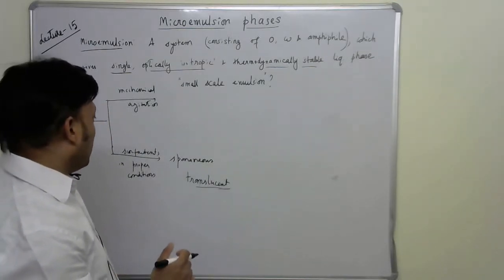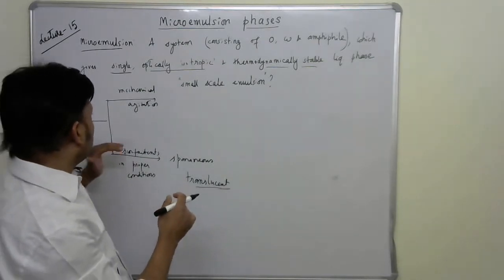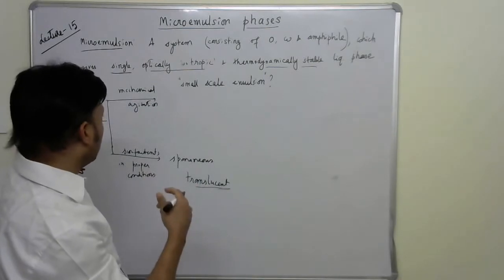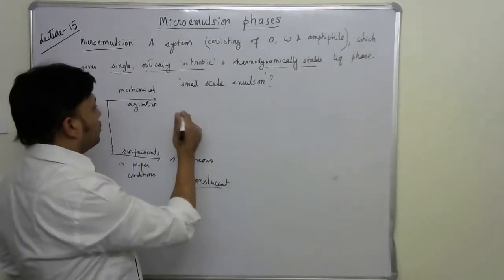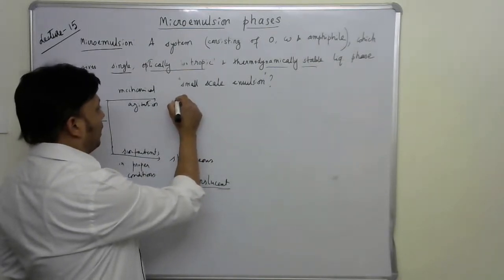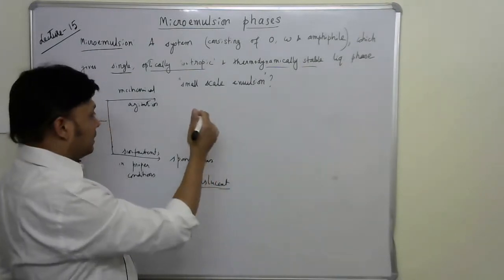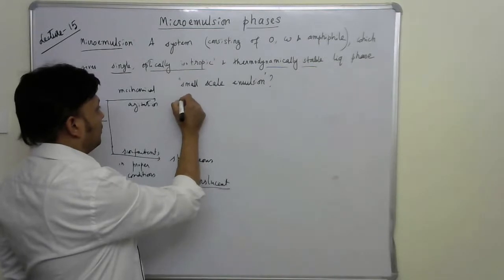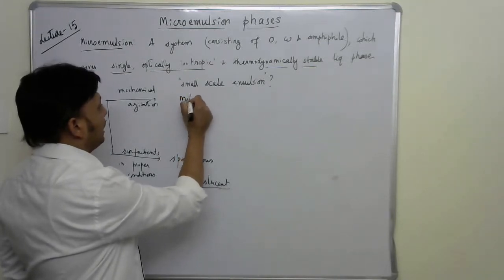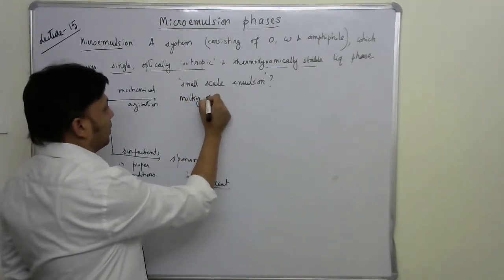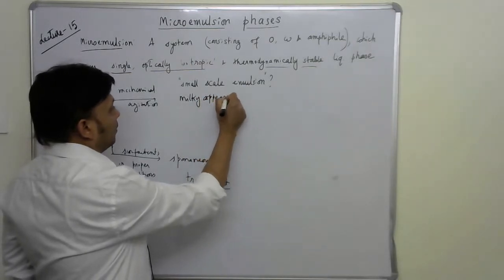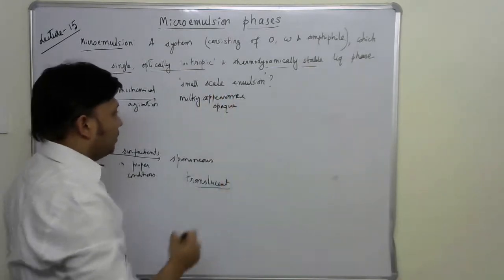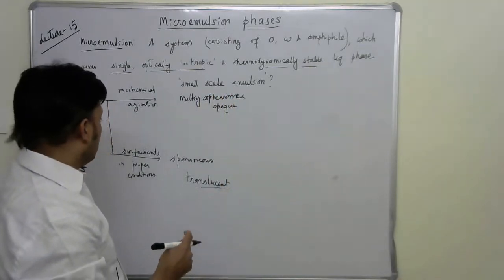On the other hand, if I don't have surfactant and just do mechanical agitation, we will also form a phase, but a non-spontaneous one, and it would have a milky appearance, meaning opaque.